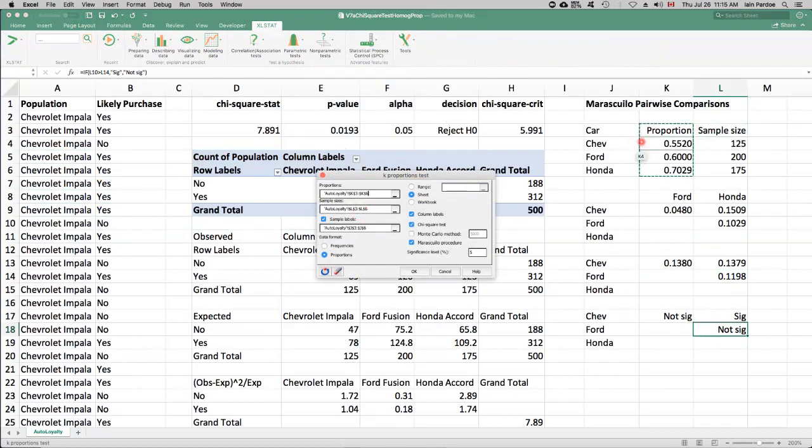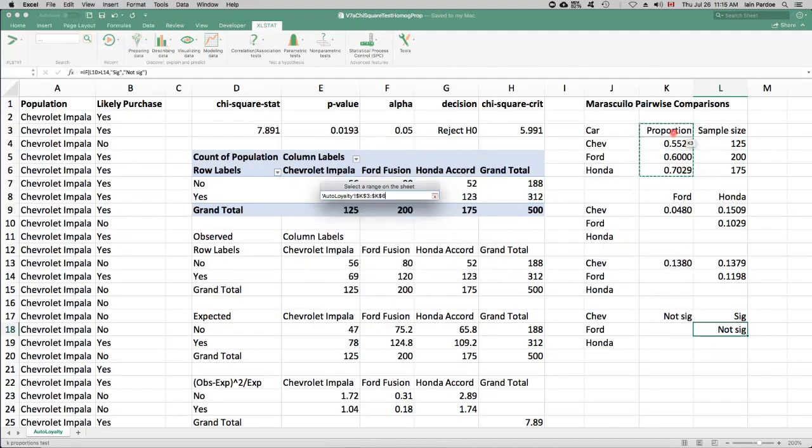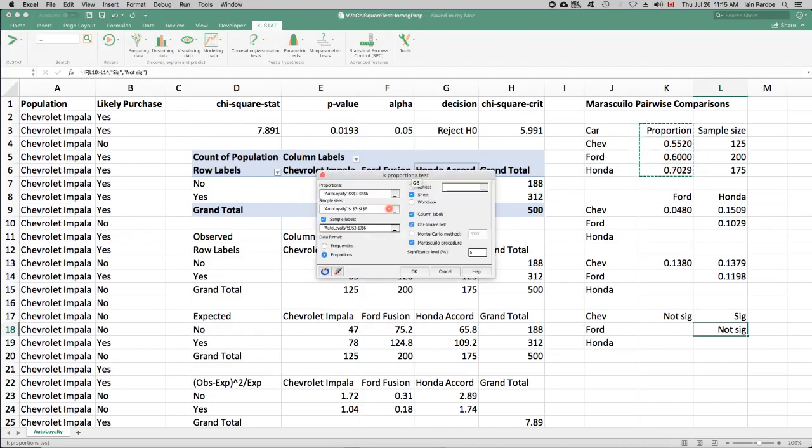You have to set up a proportions table first, like this one over here. So then you have your proportions, you need your sample sizes, and then optionally you can pick the labels for the different populations. And the data can either be expressed as frequencies or proportions. It's proportions in this case, so I've selected proportions here.